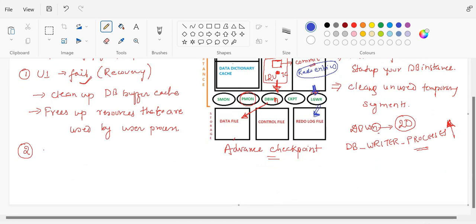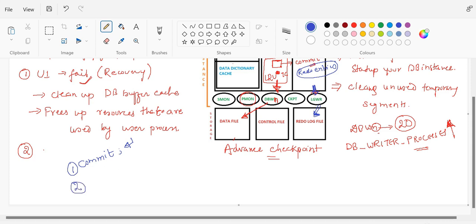There are certain situations when the LGWR background process writes the redo entries, for committed or uncommitted transactions, periodically to the disk. The first situation is whenever a user fires a commit, LGWR will write all the redo entries to the disk from the cache.